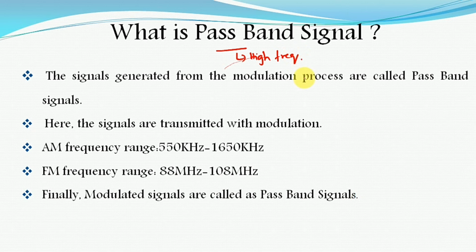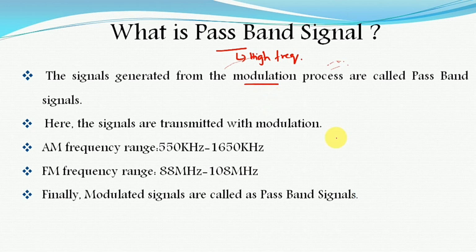Now what we have to do? We have to convert the baseband signal, which is a low frequency signal, to high frequency signal. So the shifting or conversion of low frequency to high frequency signal process, we are calling it as a modulation process. So therefore we can say that the signals that are generated from the modulation process are called passband signals.